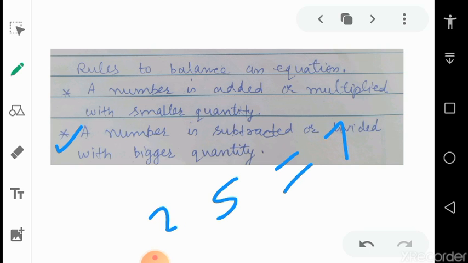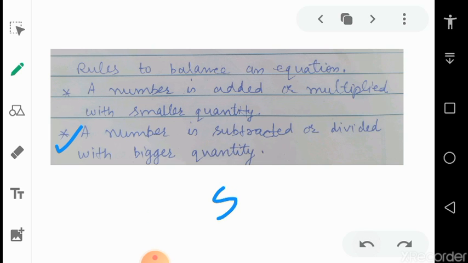Obviously 2 is added with 5 because 5 is smaller, and if 2 is added it becomes a bigger number, and now it is equal to 7. So if we are multiplying or adding a number, just do it on the smaller number side. Similarly, if a number is subtracted or divided, then do it with the bigger quantity.